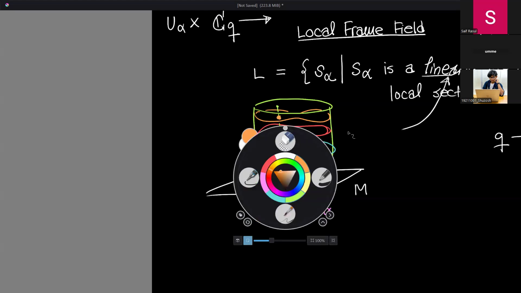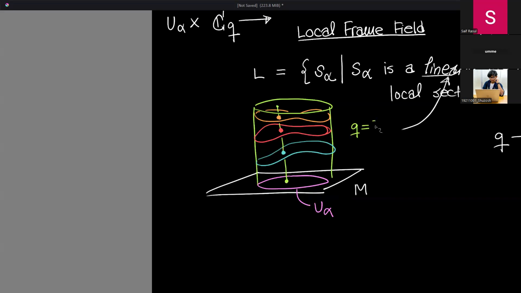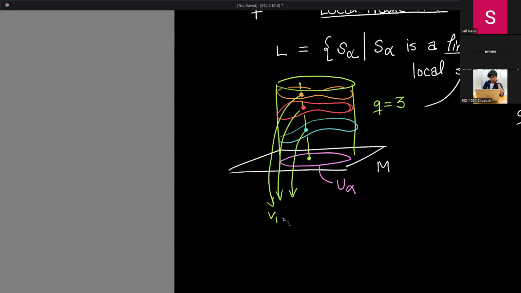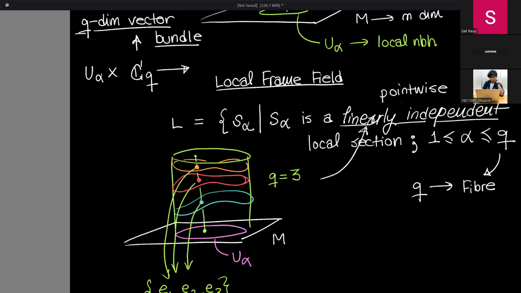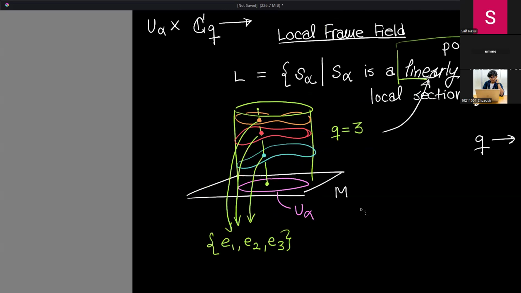So let's say that in this situation, Q is equal to 3, right? So what these three actually represent is three vectors. Let's call them V1, V2, V3, or better, let's call them E1, E2, and E3. This is a basis, because these have to be pointwise linearly independent. This is actually a basis for this fiber F_P, right?